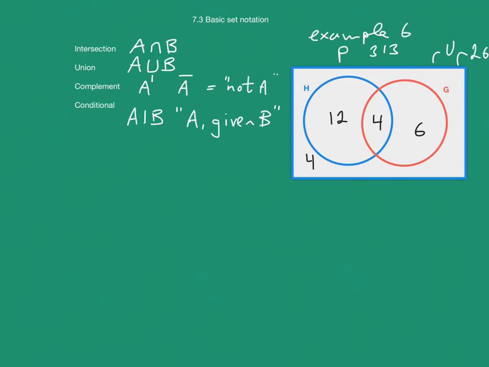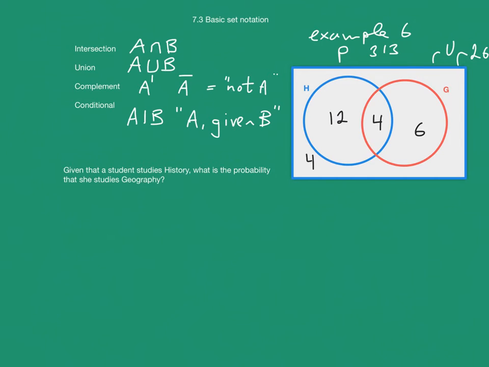And I'll finish with an example of the conditional as well. And we phrase that as a question: given that a student studies history, what is the probability that she studies geography? So a lot of the tasks will be to translate English into math.